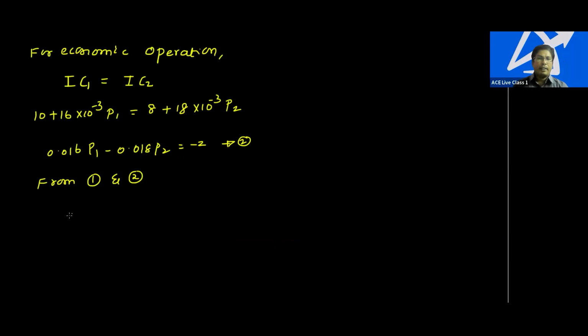We are getting the value of P1 as 470.588 megawatt, and the value of P2 is equivalent to 529.411 megawatt. From the two equations we got two values, P1 and P2.